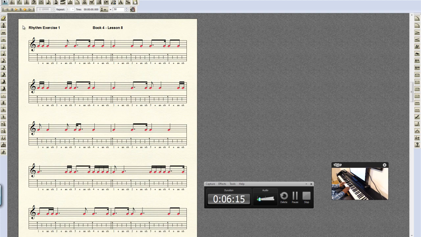And 2 E and 3 E. Yep. How many sixteenths is a quarter note? It's 4.